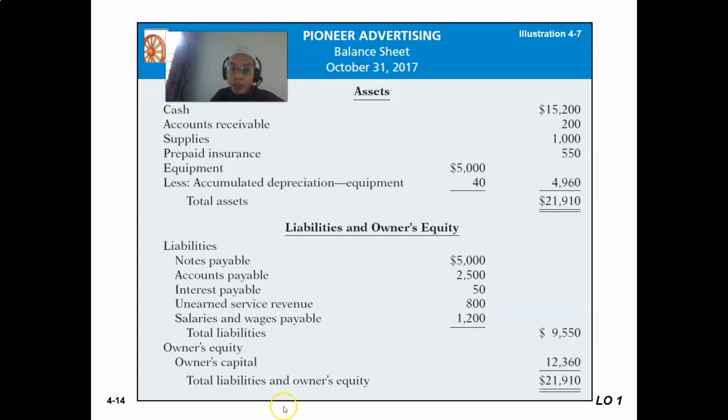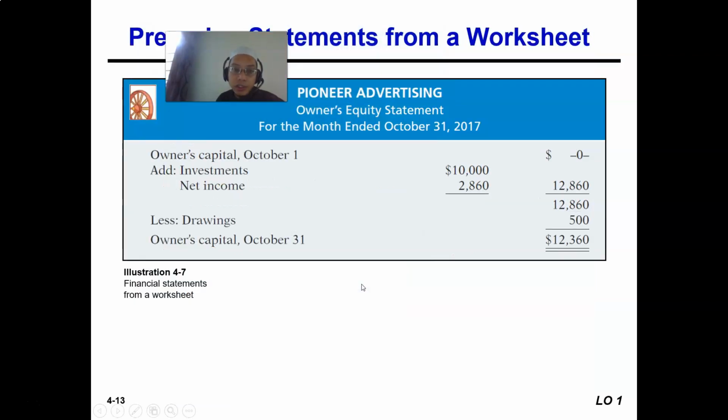Okay, so we total up the liabilities. We have a total of 9,550 in liabilities. And then we have the owner's equity. What does the owner's equity consist of? It consists of owner's capital, which we obtain from our owner's equity statement.